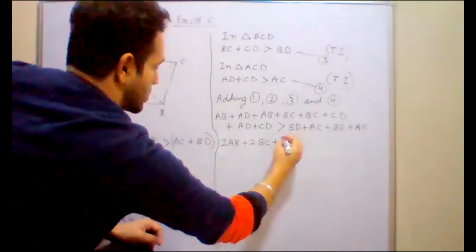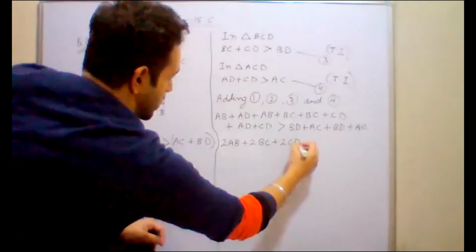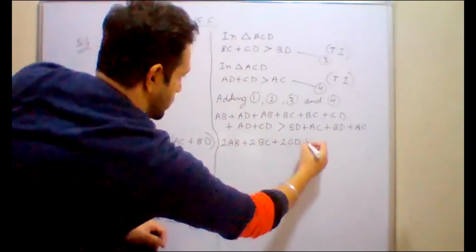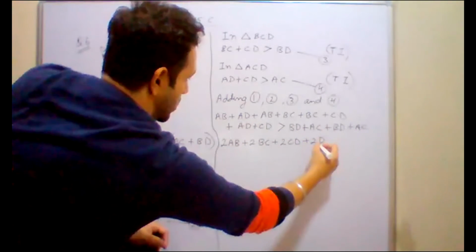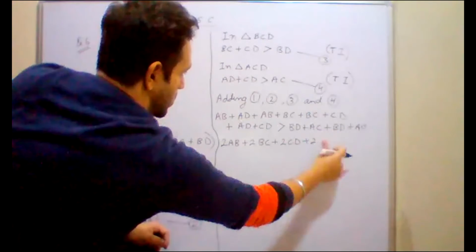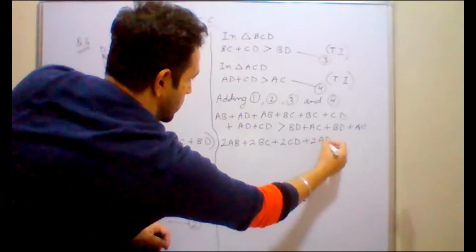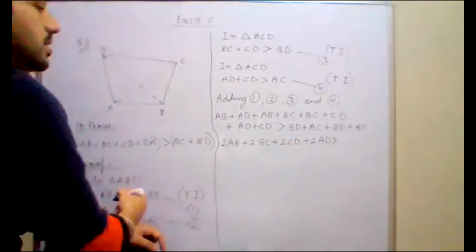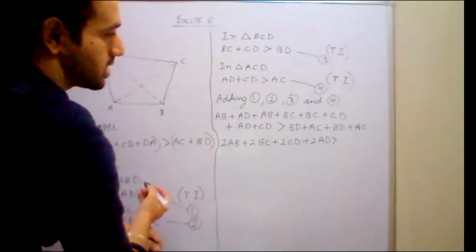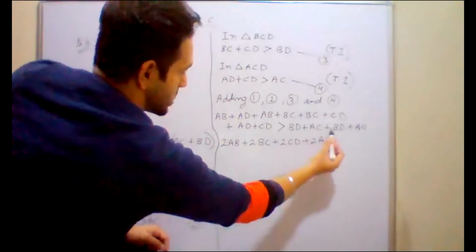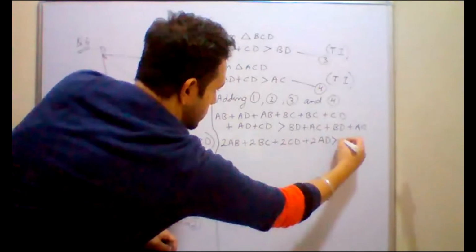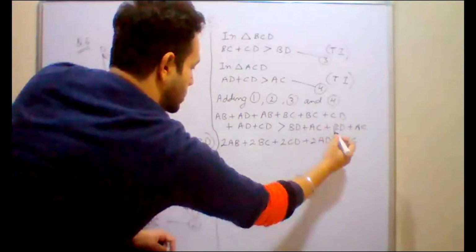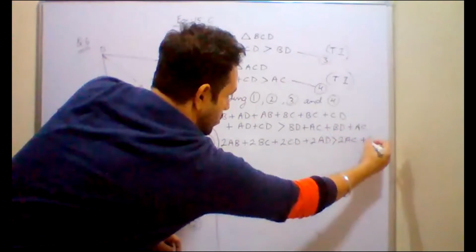CD plus CD is also 2 times, 2CD. And AD plus AD is also 2 times, so 2AD. This is greater than, in the RHS, AC plus AC, 2 times, so 2AC, and BD plus BD again 2 times, so 2BD.